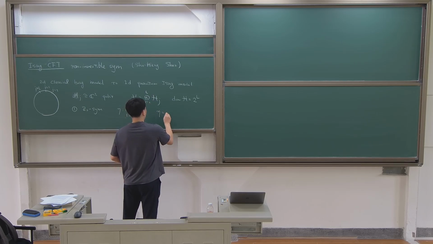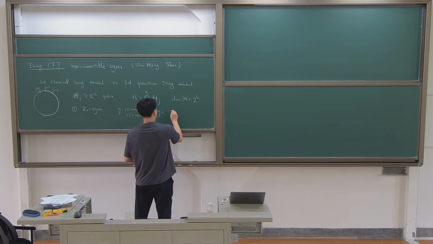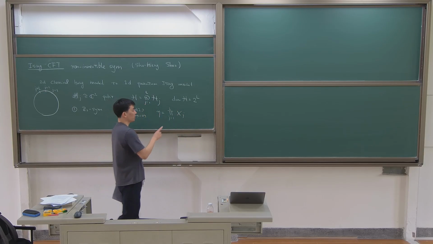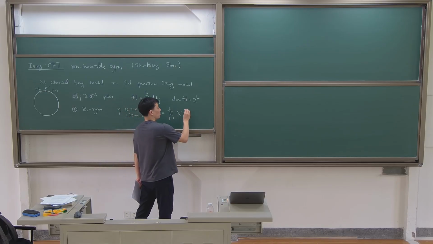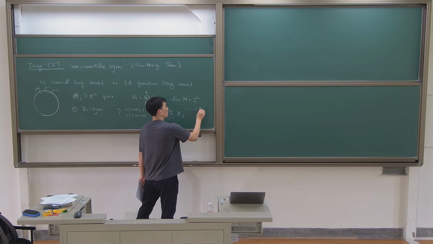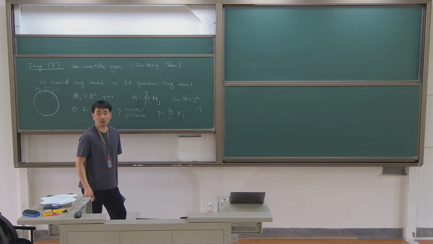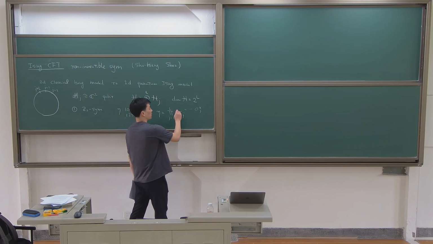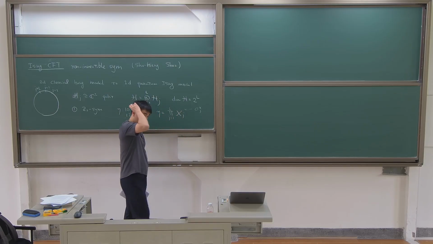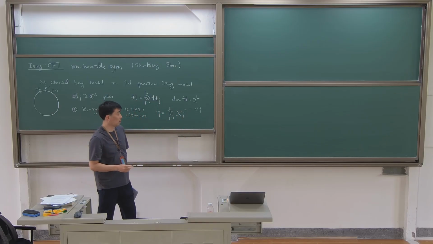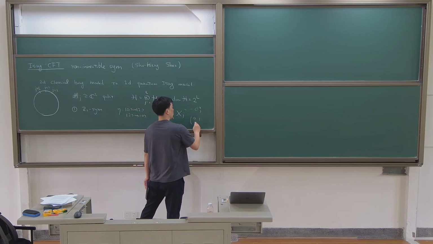More precisely, eta is equal to the product of X_j, j equal to 1 to L. Here I intentionally changed the notation: the Pauli matrix sigma x is now written as capital X, with entries 0, 1, 1, 0.